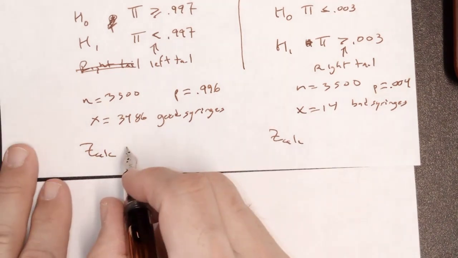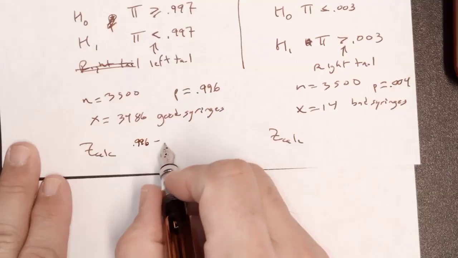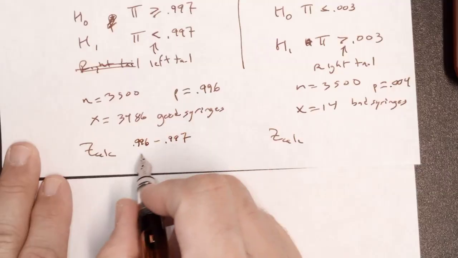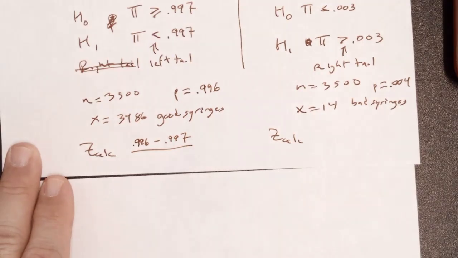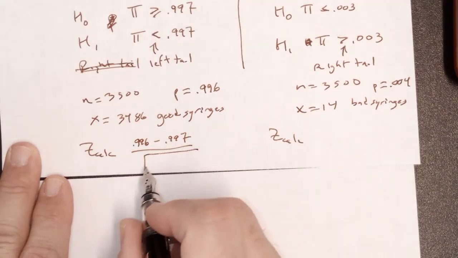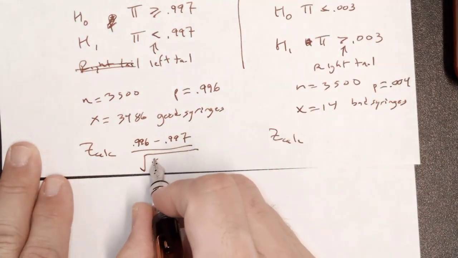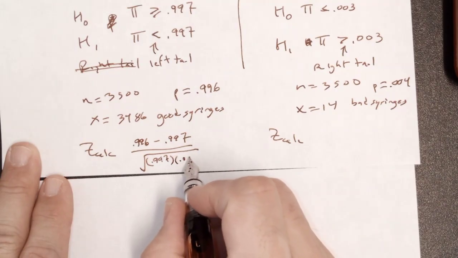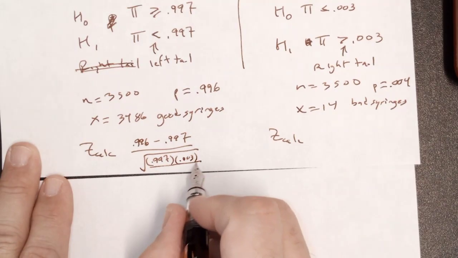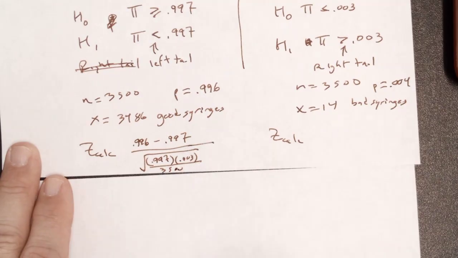Now, I go over here and I do my calculated z. And it's 0.996 minus 0.997 over, oh, I need the formula for this, right? Square root of benchmark, 0.997, 1 minus the benchmark, 0.003, over the number, it's all in the square root.